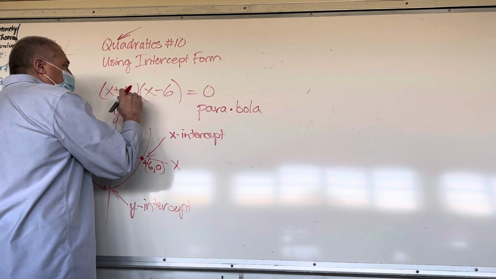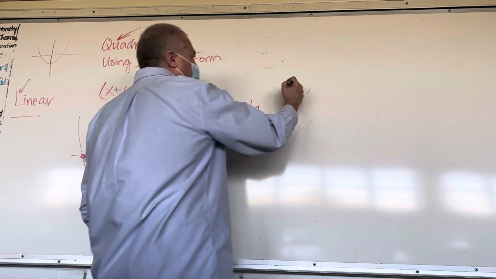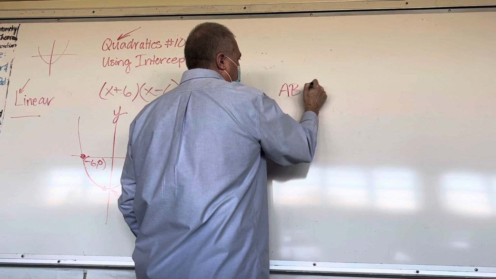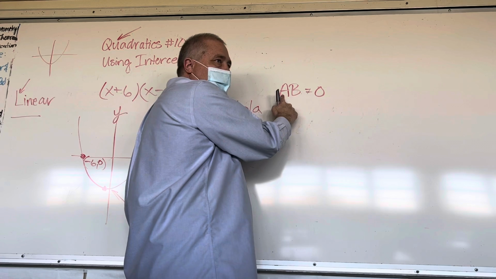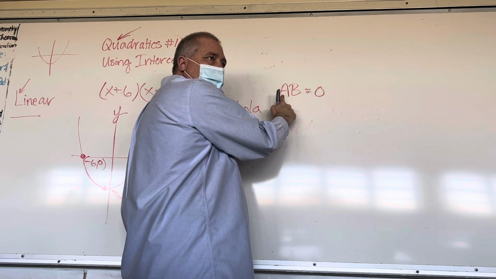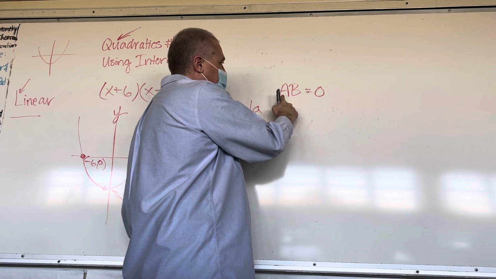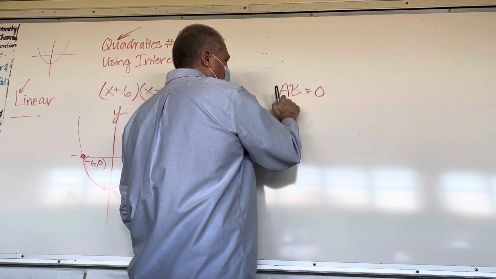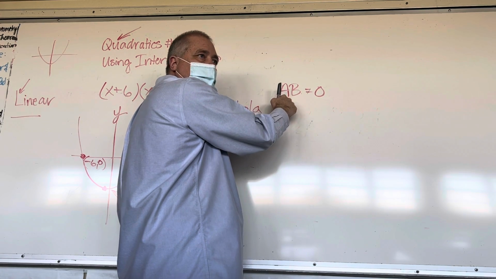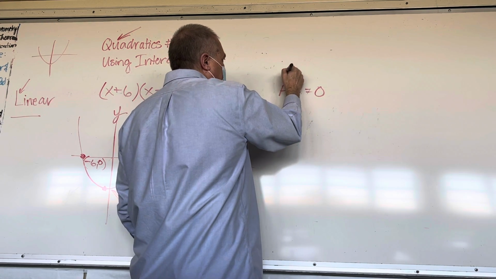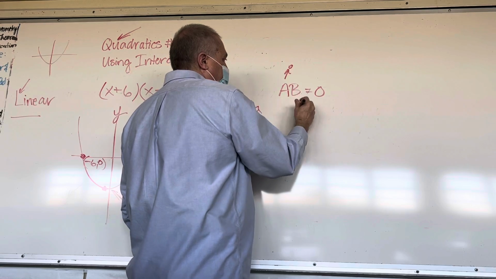So this gets a little bit more complicated, but nonetheless, you've been through it before. For two things, A times B equals 0. What must A be? What's a value for A? It has to be, for A times B to equal 0, what does A have to be? 0. Okay, so this has got to be 0. What's B got to be?